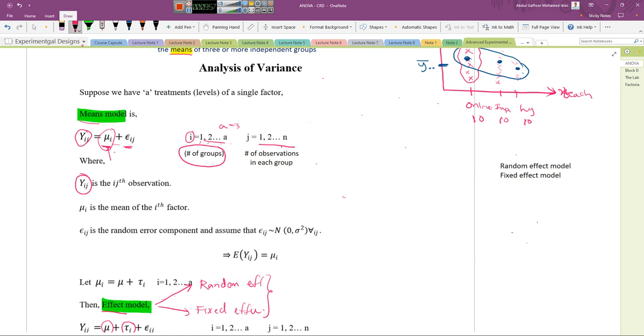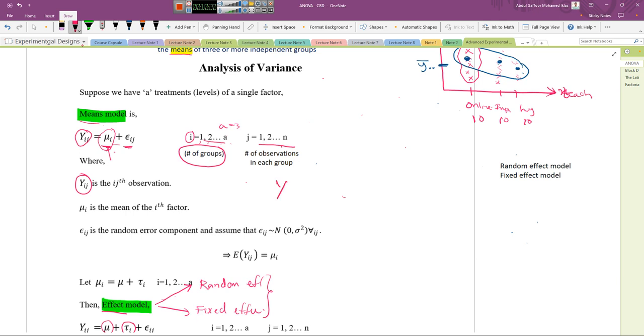Here Yij is the ijth observation, meaning the observation for the ith treatment and jth observation, or jth replicate. We can call these 10 students coming under the online mode replicates also.